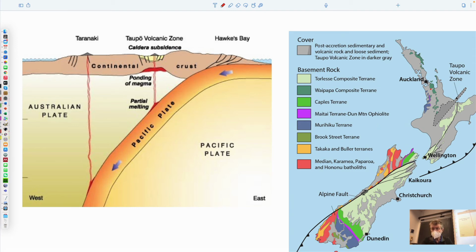The active volcanic region runs from White Island, where we made the point that these tourists were unfortunately killed 5 years ago when they were touring the island due to an unexpected eruption.